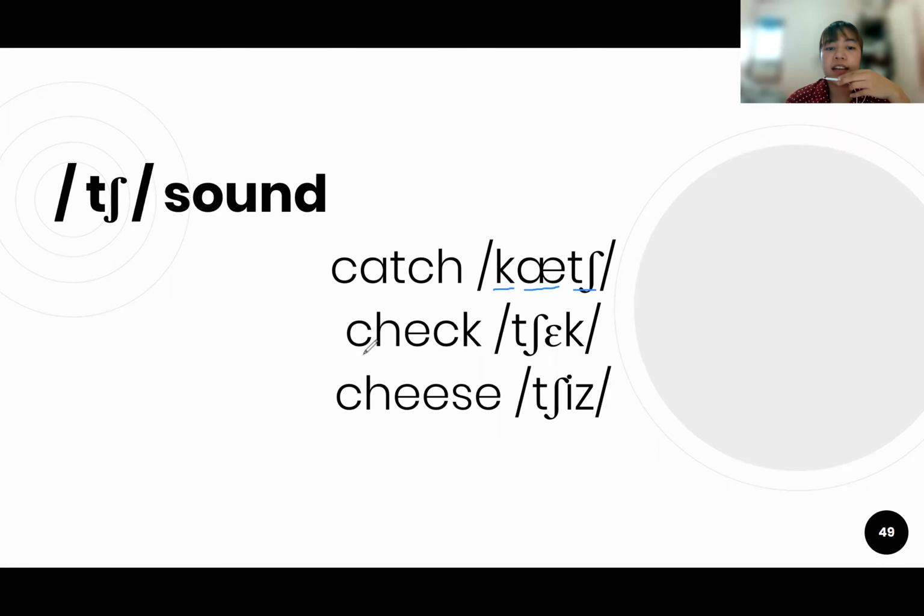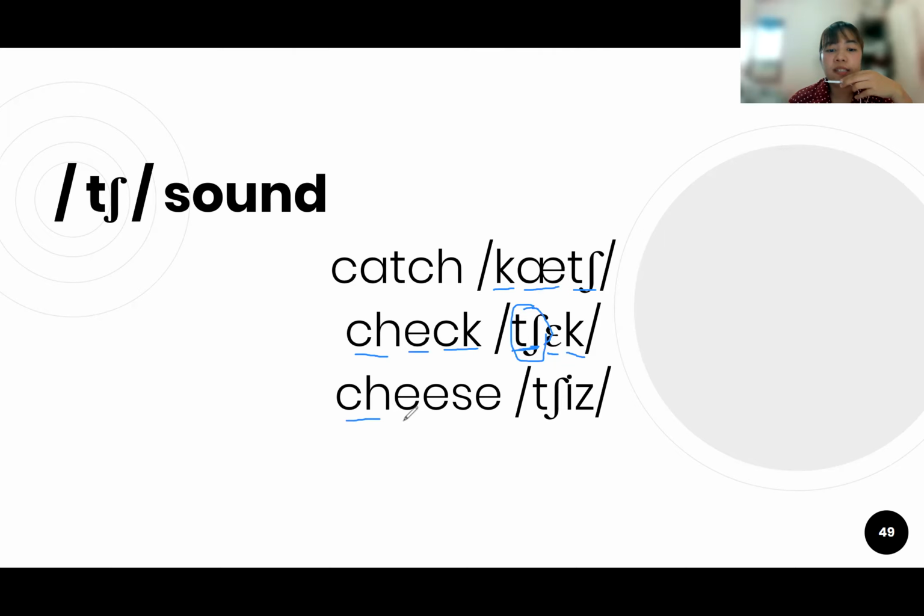Catch. Next we have your check, ch na sound. So that's the symbol for that one, letter T, and the sh na symbol. Again, pagintupad na sila ang T before this one, ch ang sound. And in check, your letter E here produces the E sound. And lastly, your CK in check produces the K sound.